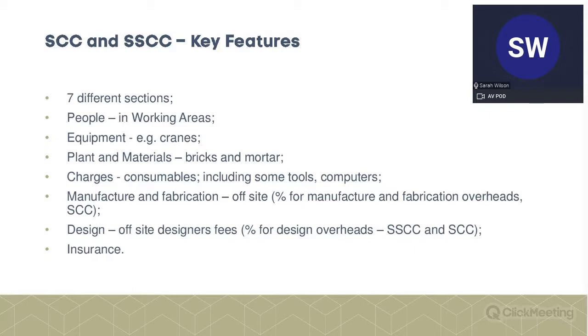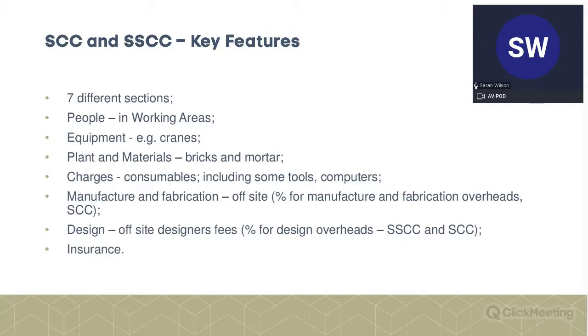Your site cabins are classified as equipment, but other things within the site cabins will typically be counted as charges. And then also various third-party charges for licenses, things like that, go in that category. So that's a bit of a mishmash of things.